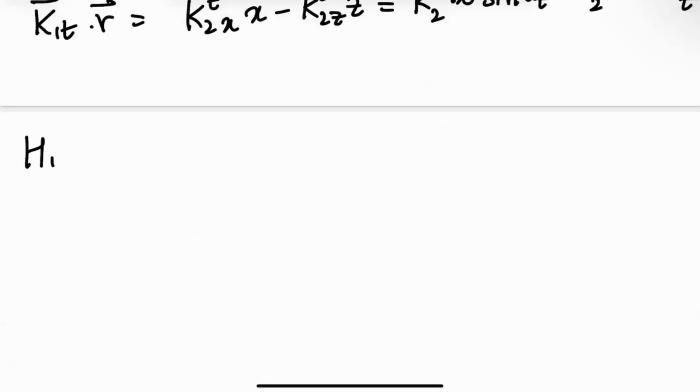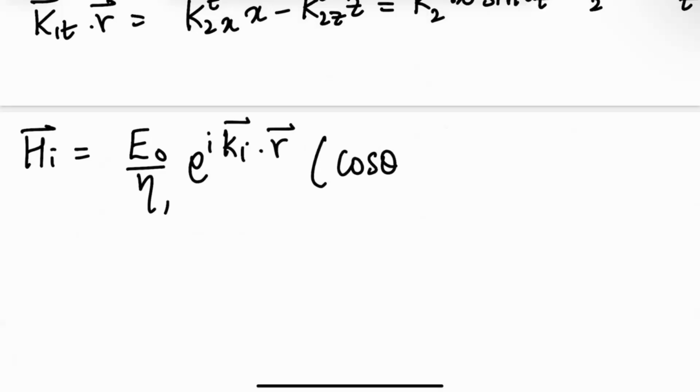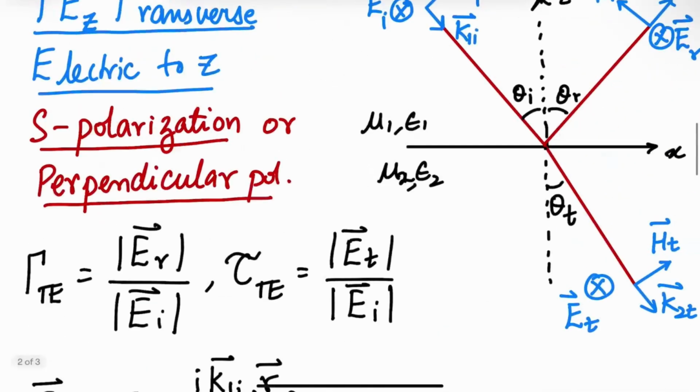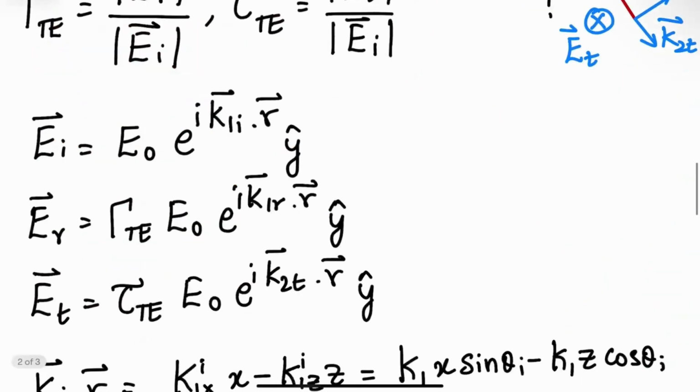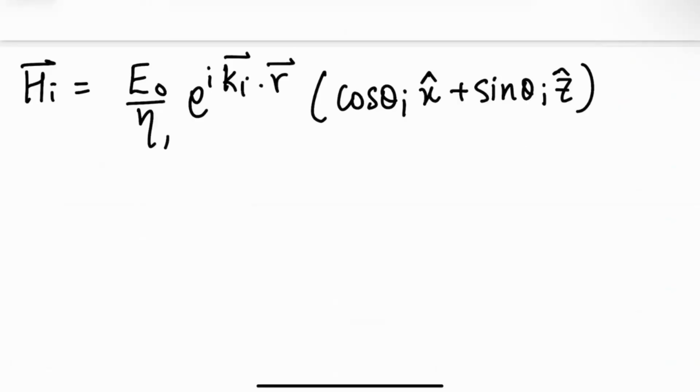The only thing we need to write down now is the expression for the H field. So the incident H is E naught over eta 1, where eta 1 is the impedance of the medium, times e to the i k1I dot r, times cosine theta I x hat plus sine theta I z hat. If you go back here to the same picture again, since this is theta I, this is also theta I, so the x component will be cosine theta and the z component is sine theta. That's what we have here.